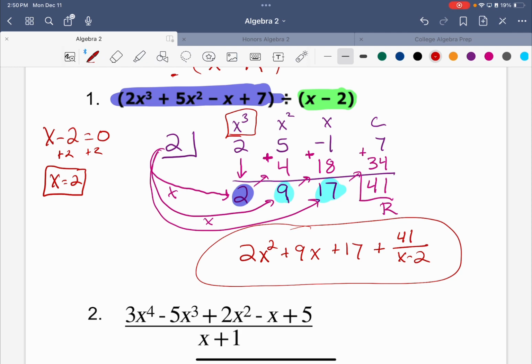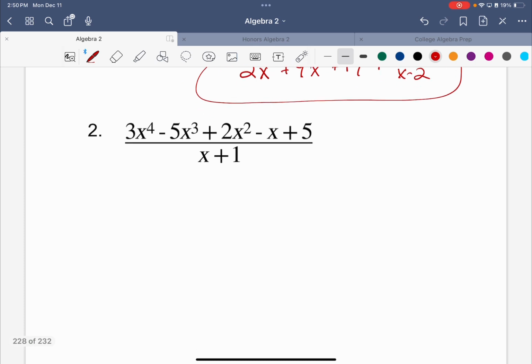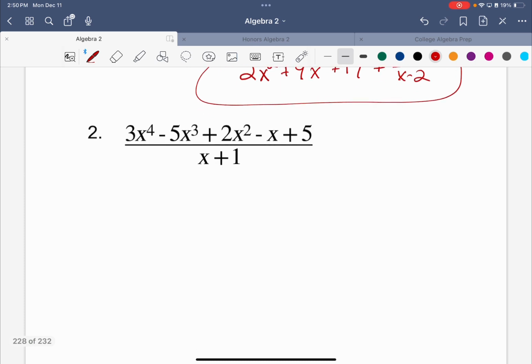Let's look at another one where we'll do the process again, written just a little bit differently this time. Essentially means the same thing. We've got 3x to the fourth minus 5x cubed plus 2x squared minus x plus 5. It's being divided by x plus 1.